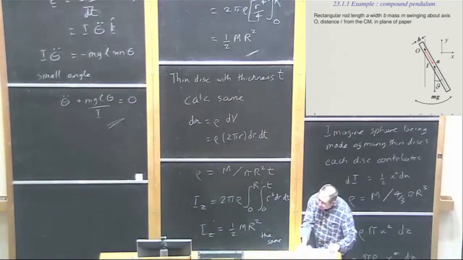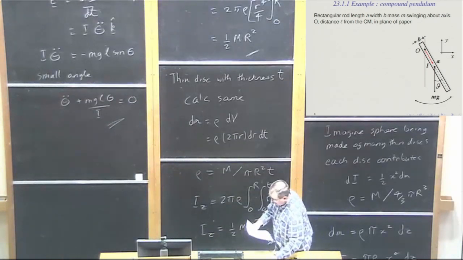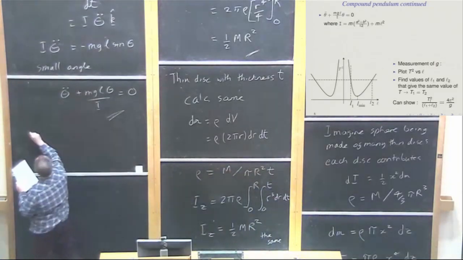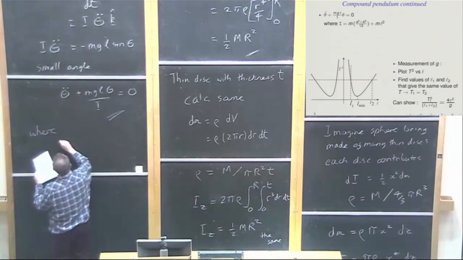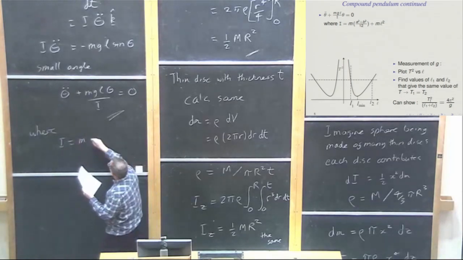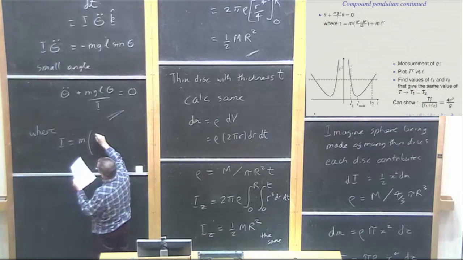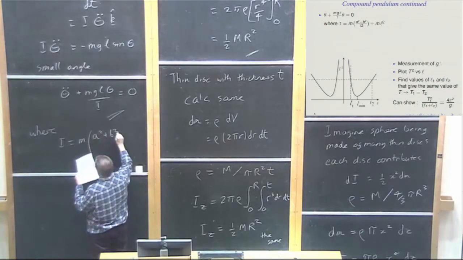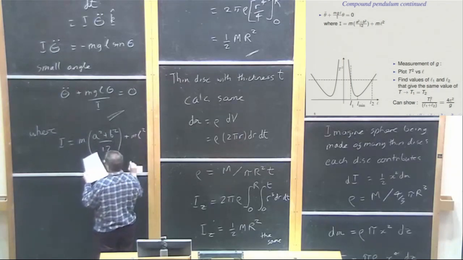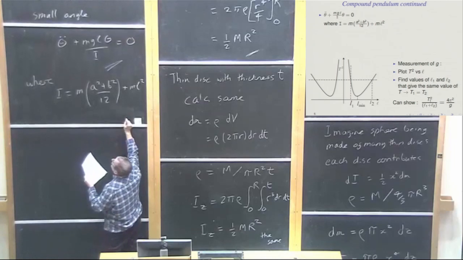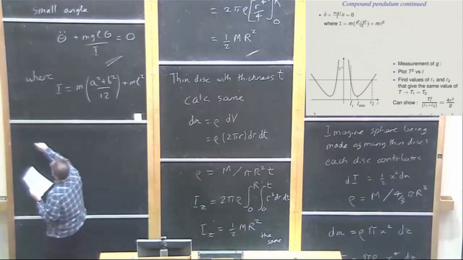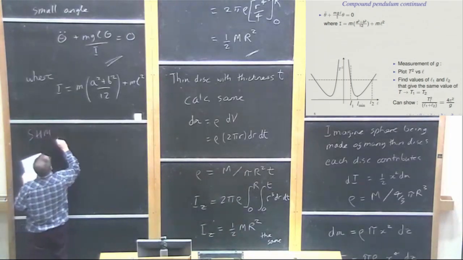We've not yet put in the expression for I. Let's now consider what that is. So I, from the parallel axis theorem, is given by the moment of inertia around the centre of mass, so that's m times a squared plus b squared over 12, plus m L squared. The equation of motion, it goes without saying, is a simple harmonic, and you know what the period is.